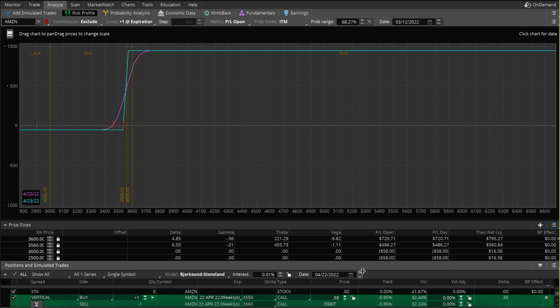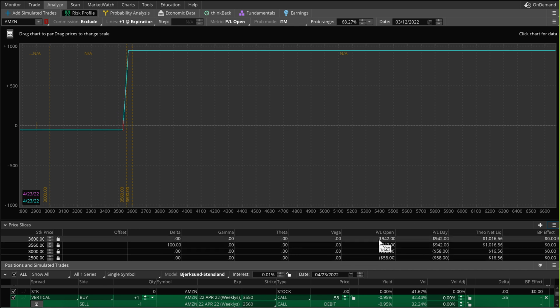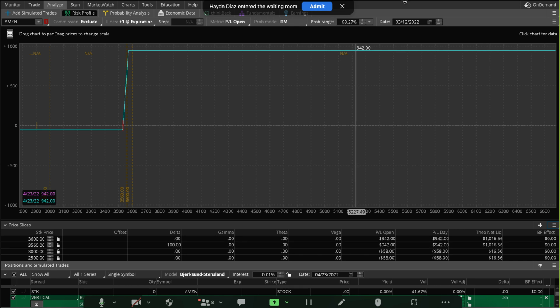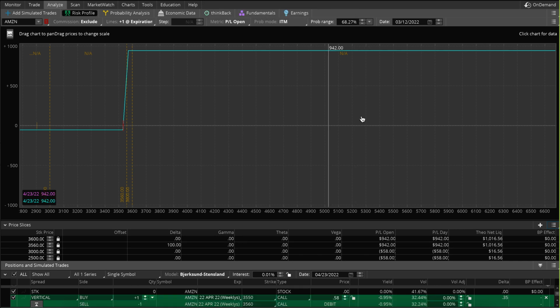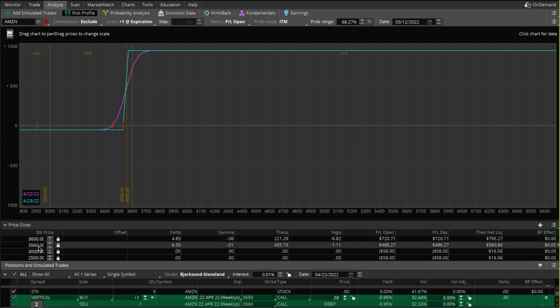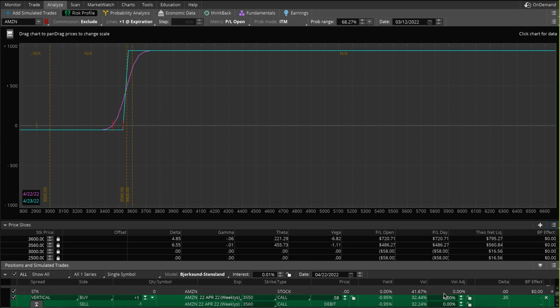But once everything expires, that's when you see that our spread would then be worth much more, and our profit potential would be $942, right? Now, let's see if on the morning of the 22nd of April, let's say Amazon is trading for $3,560.